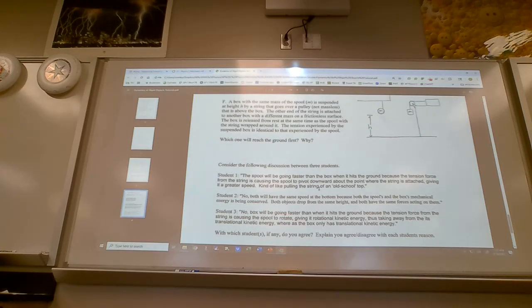I guess that's right. I did not read the last part. We don't really want to look at the energy, we look at the forces upon them. But student two is kind of yapping about energy, and then says both have the same forces acting on them. So it's like, okay.